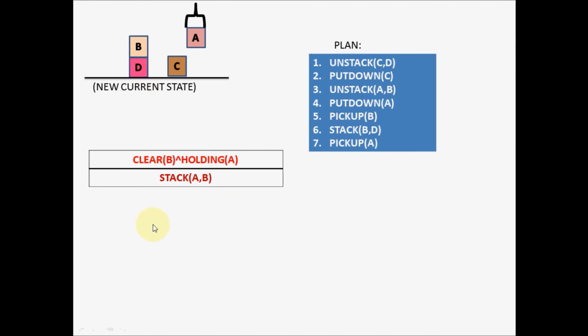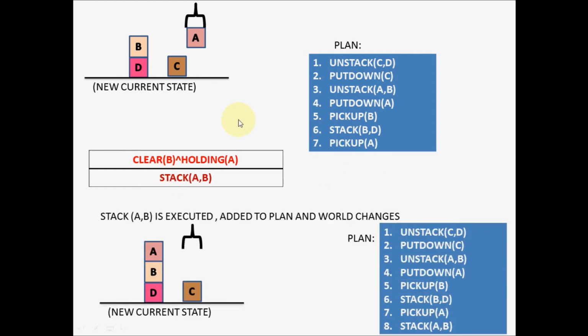The new current state will come next, and stack A comma B will be added to the plan, and then it can be successfully removed from the stack. Okay. So this is my new current state, and stack A comma B is also added to the plan, so that, please note, the goal stack after removing this stack A comma B will turn empty.